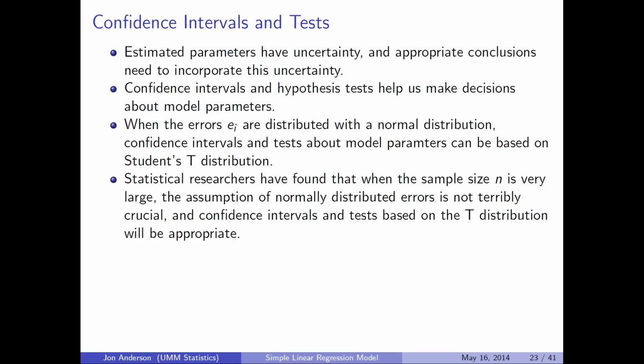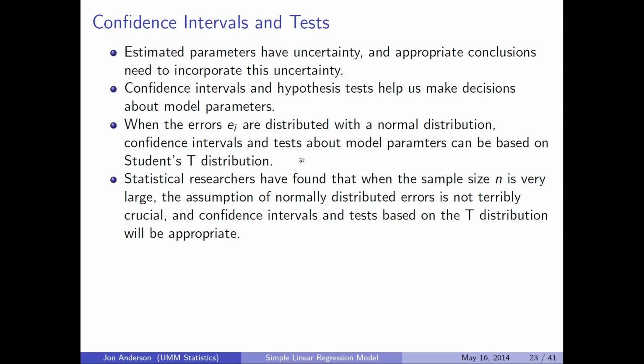We're going to be using confidence intervals and tests, and when the random errors e_i have a normal distribution, the confidence intervals and tests can quite easily and correctly be based on the Student t-distribution.